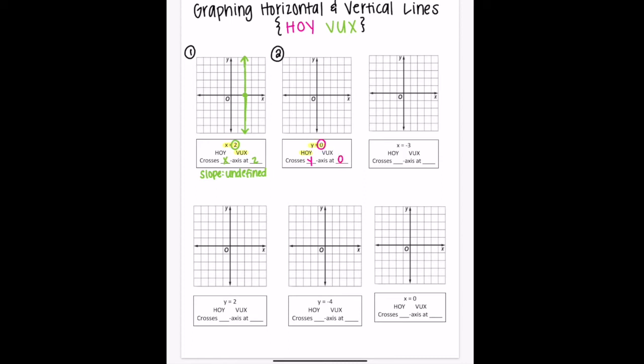Okay, so on the y-axis at 0, that's actually right at the origin. And this is a horizontal line. So that means it's going to go from left to right through that point. Okay. Now this slope, because it's horizontal, we know that HOY tells us that the slope is 0.